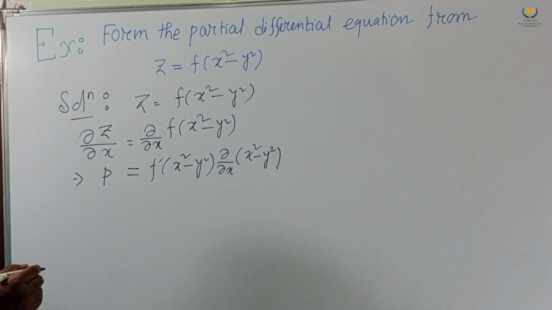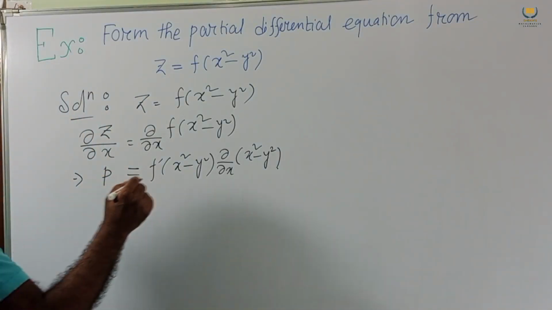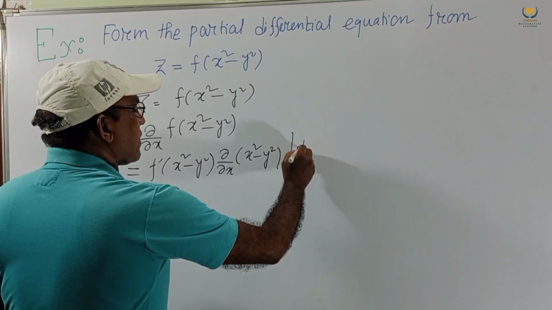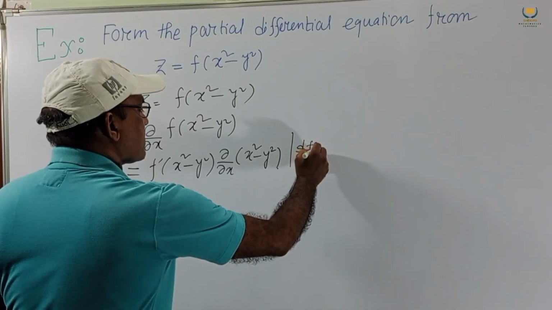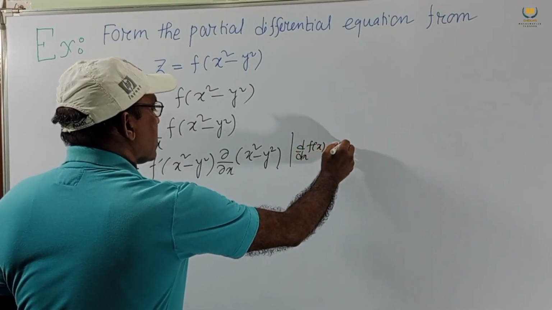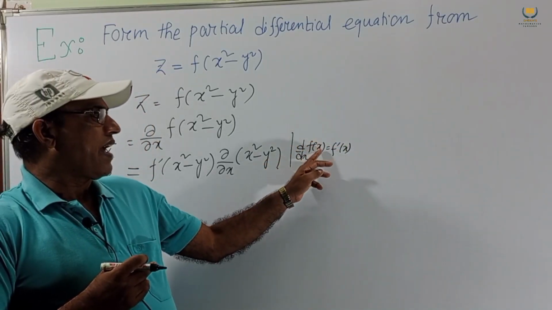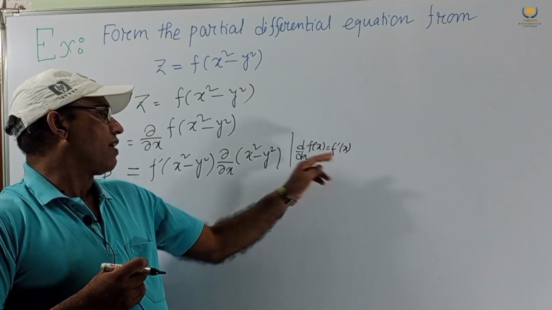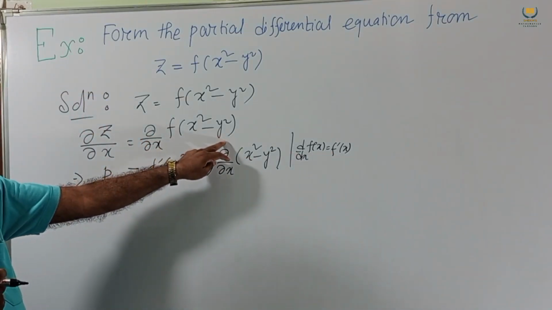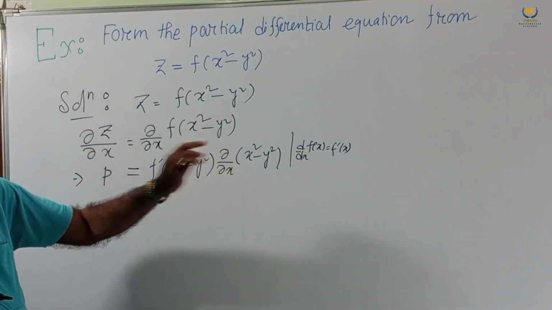Now, we know the formula d by dx of f of x is f dash x, if the argument is just x. But here the argument is x square minus y square, so using the chain rule we get this.